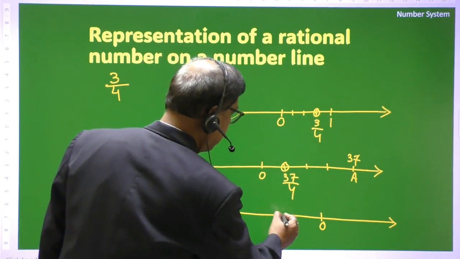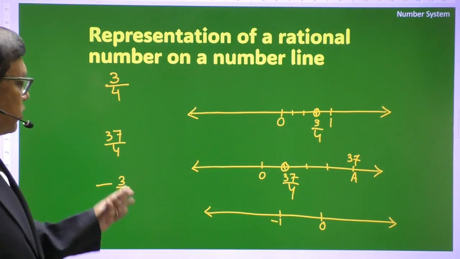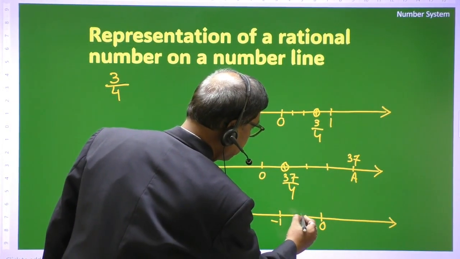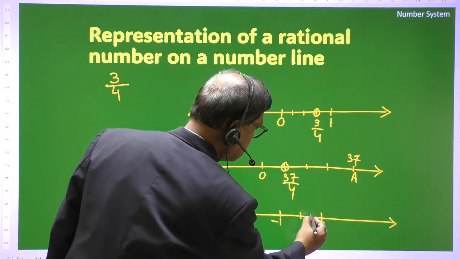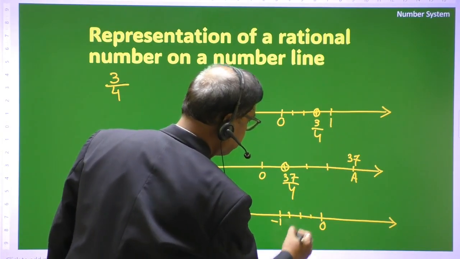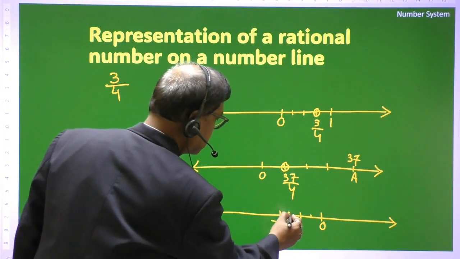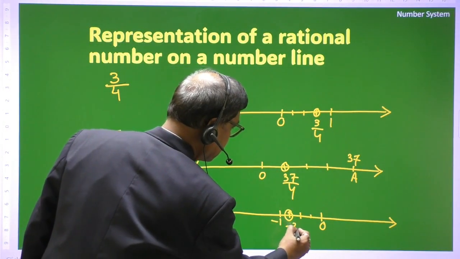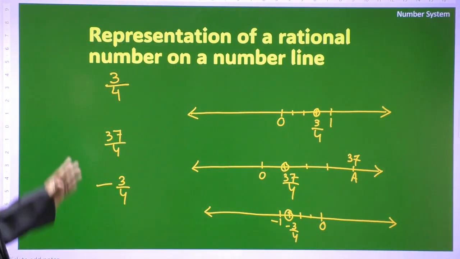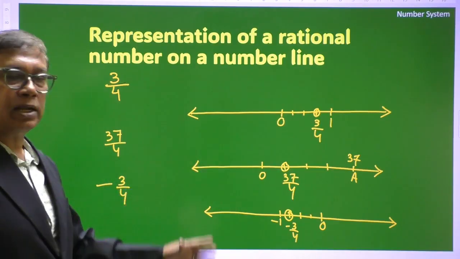So if I mark this point as minus 1, we have to divide into 4 equal parts, say first dividing into 2 parts, then again this. Is it clear? 1, 2, 3, 4. So minus 3/4, that means this position will be minus 3 by 4. So like this we can represent different rational numbers on a number line.